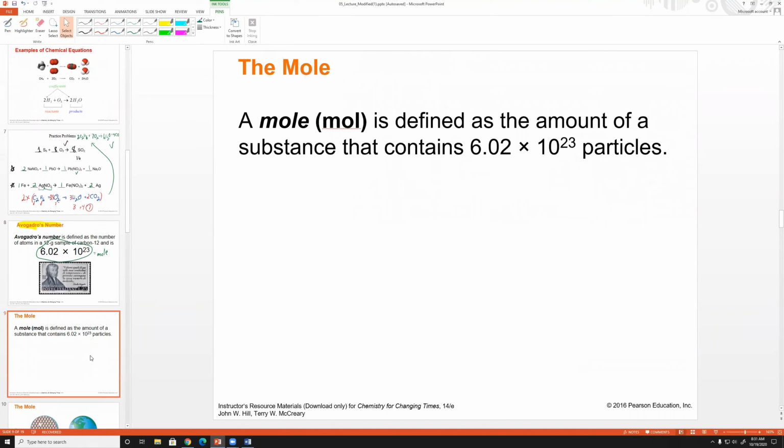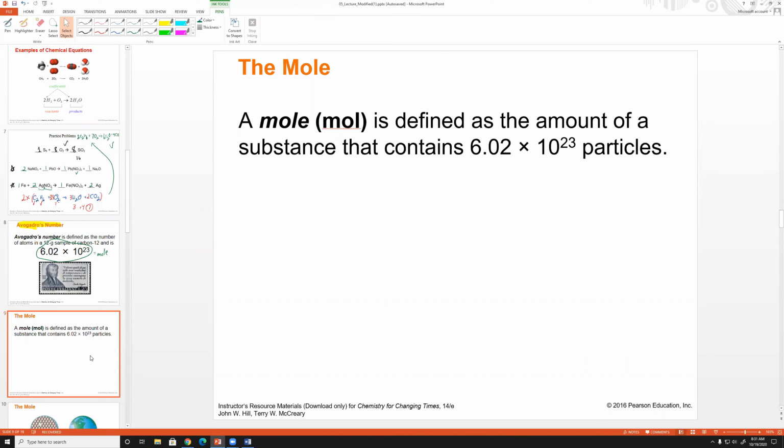So here's the definition of the mole. The mole is defined as the amount of substance that contains 6.02 times 10 to the 23rd particles. This doesn't apply to just chemistry. The mole is a number, just like if you say a dozen eggs, right? That means 12 eggs.